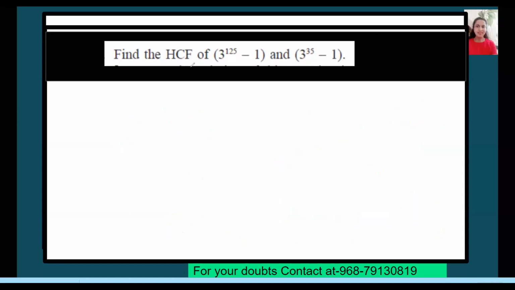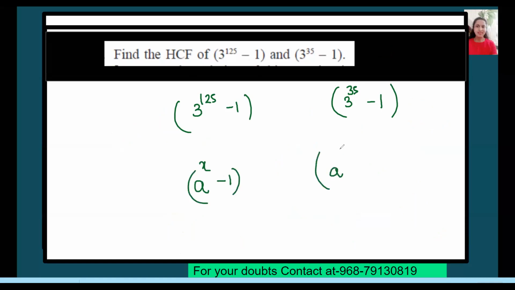So see, when we have to find the SCF of these questions, this is like 3 to the power 125 minus 1 and 3 to the power 35 minus 1. So whenever we have a question like this, that means a to the power x minus 1 and a to the power y minus 1, the SCF will be a to the power SCF of x and y, minus 1.